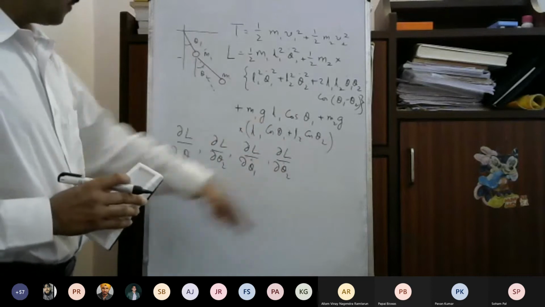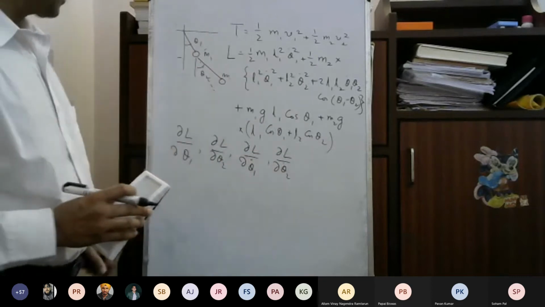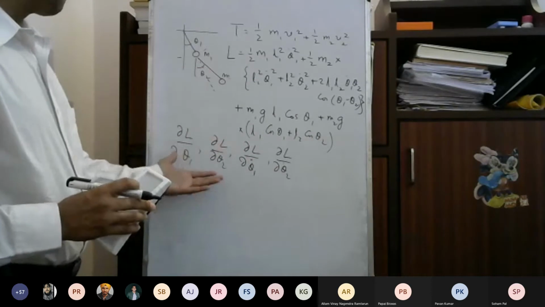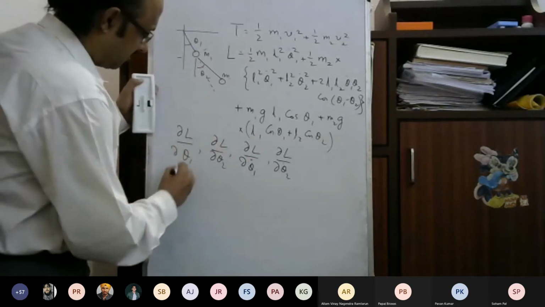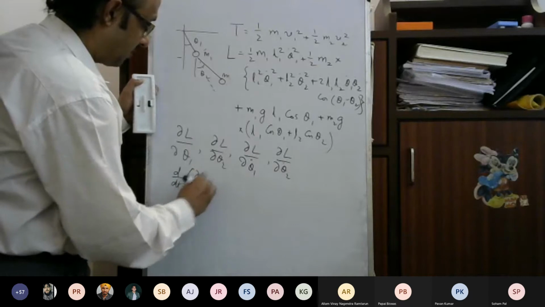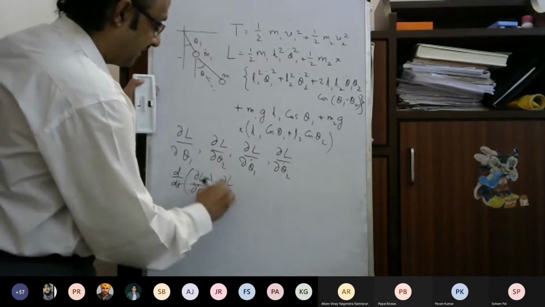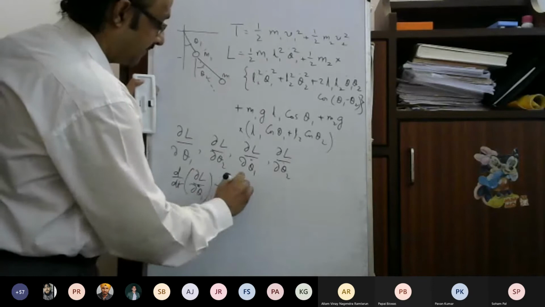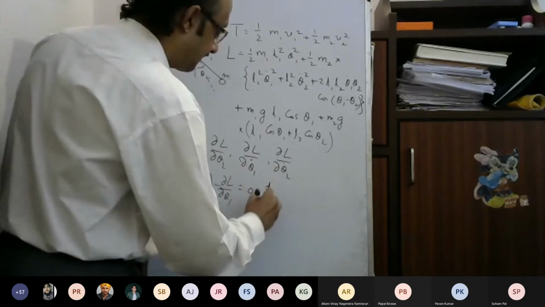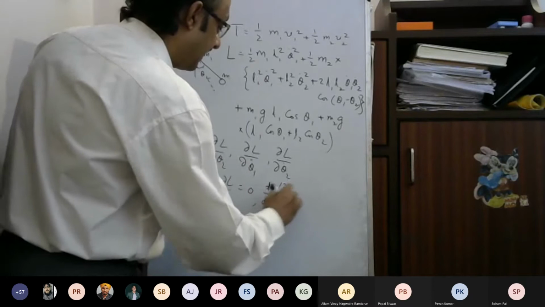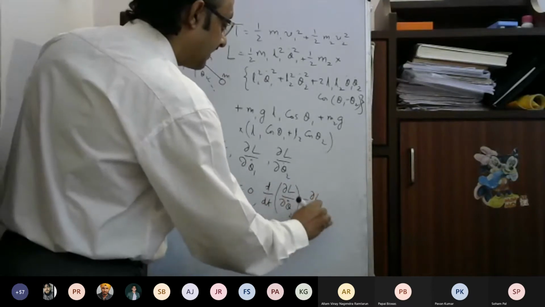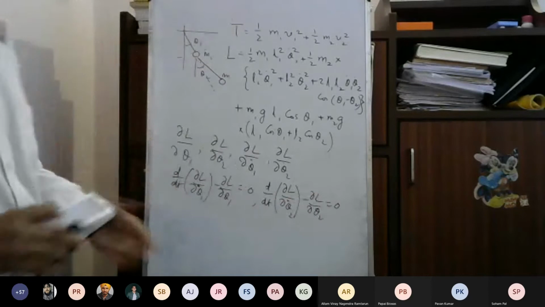Once you derive those four expressions, the equation of motion will be just like this: d/dt of del L del theta 1 dot minus del L del theta 1 equals 0. There is no non-conservative force. And d/dt of del L del theta 2 dot minus del L del theta 2 equals 0.